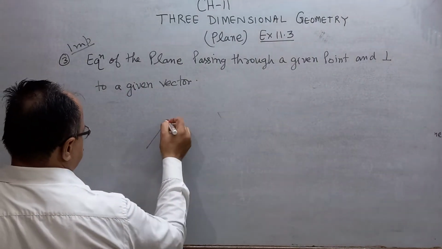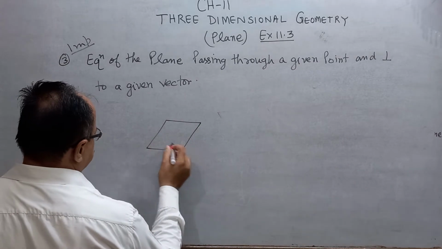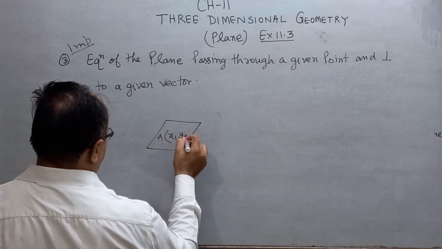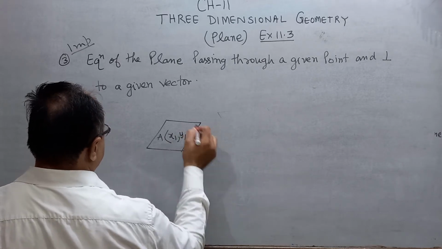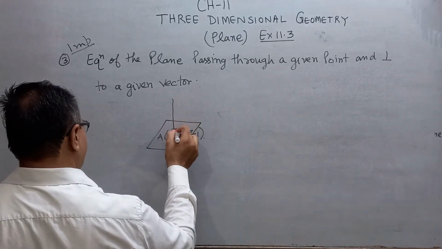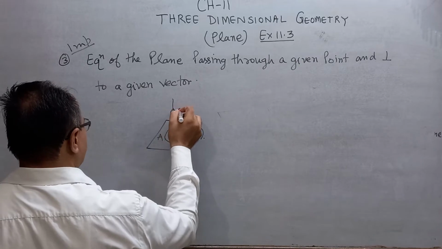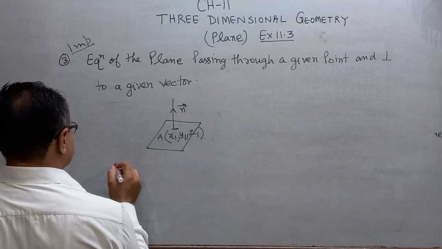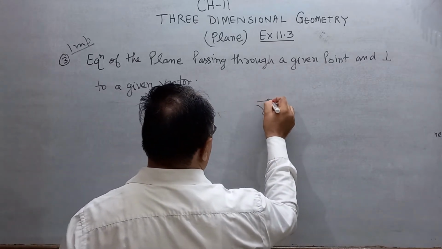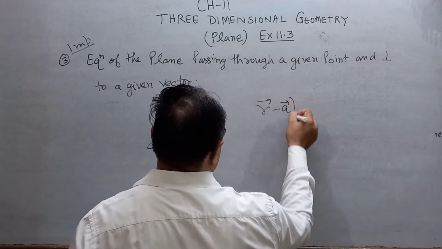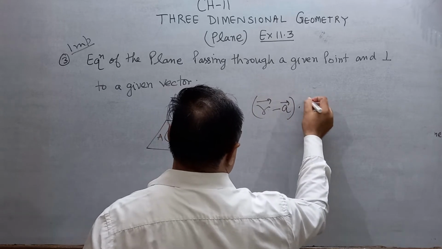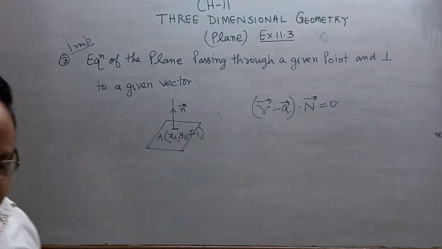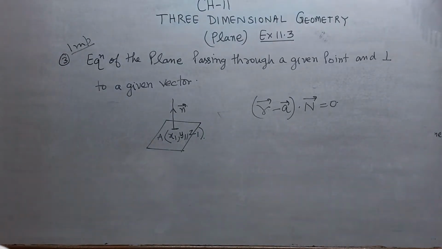तो the situation is this is the plane and point A with coordinates x1 y1 z1, and this is the perpendicular vector, normal vector you can say, given. The formula for this is vector r minus vector A dot n vector is equal to 0. Clear?